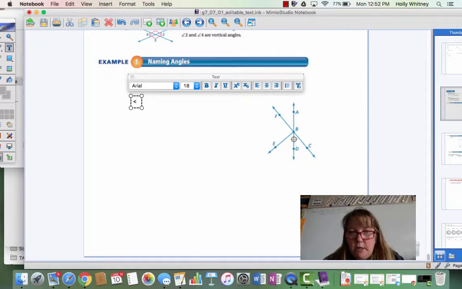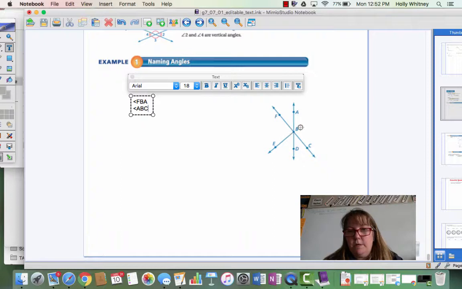If we're talking about this angle right in here, we use a point on the ray, the vertex, and then another point on the other ray. So this angle right here would be FBA. Another angle, this angle right here, would be ABC. Again, the vertex is going to be in the center. So that one is ABC.